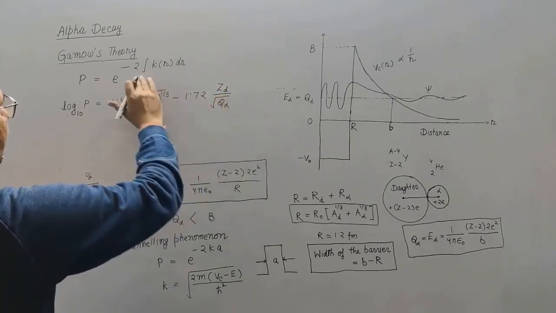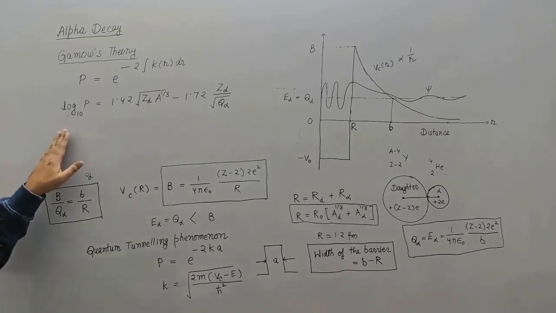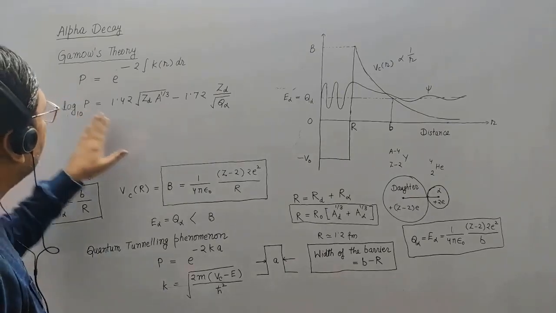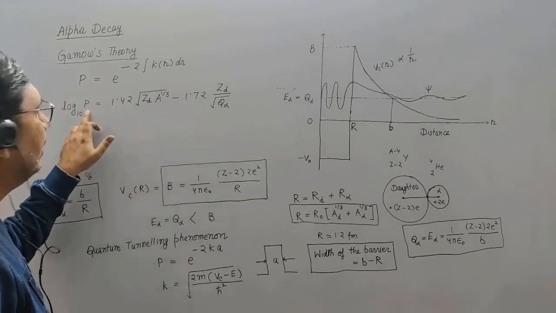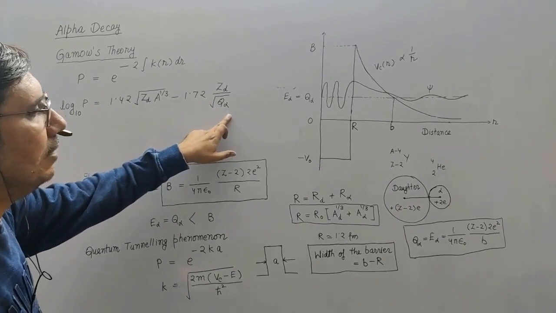On solving this equation by substituting this K and using some mathematical method, one can find out this equation. So this equation basically provides us the relation between the probability of tunneling and this Q alpha value.